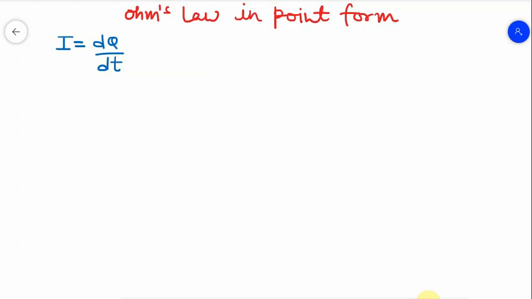Okay, now if I talk about the current density, how can we represent it?